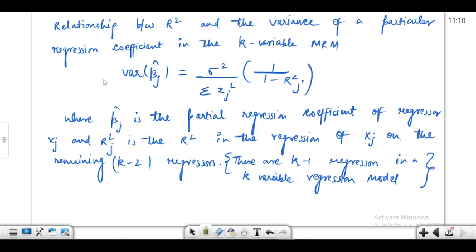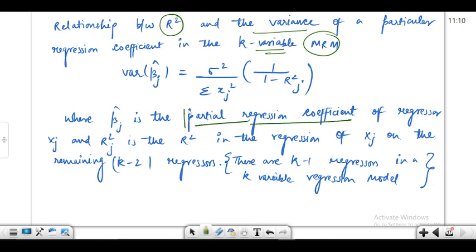Now, the relationship between R square and the variance of a particular regression coefficient in the k variable multiple regression model. The variance of, say, the coefficient beta j hat, in the case of a k variable regression model, is given by sigma square upon summation of small xj square, times 1 upon 1 minus r square j. Here beta j hat is the partial regression coefficient.